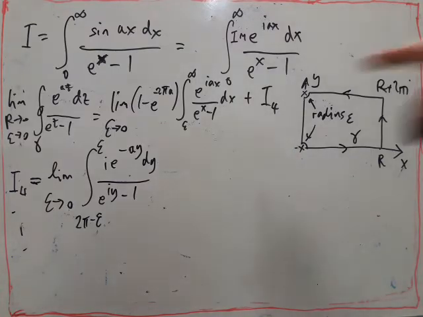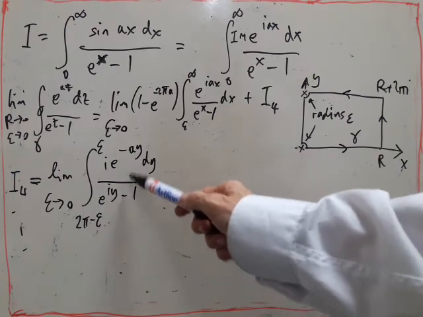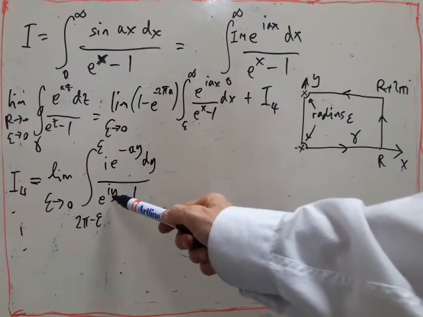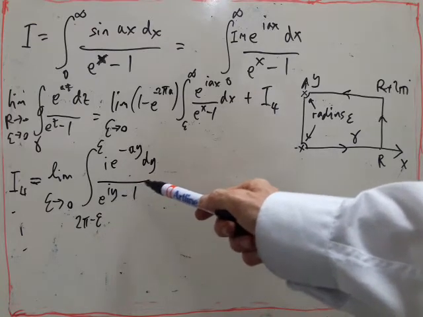This last integral, which I'm now going to call I4, we want to simplify the integrand and make it look a bit nicer. What we can do is the trick of multiplying top and bottom by e to the minus iy over 2.